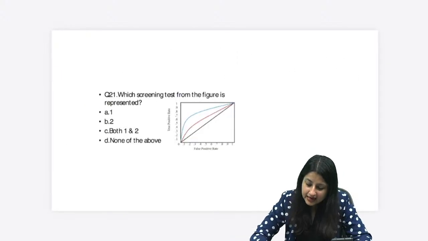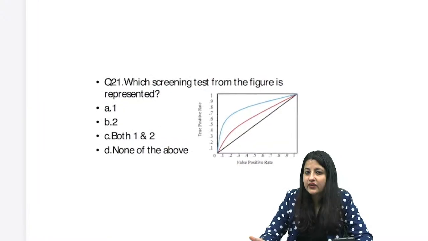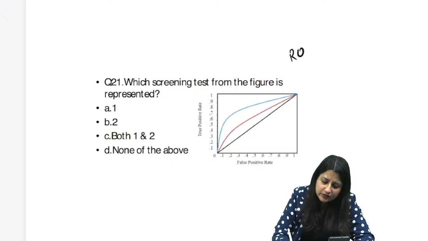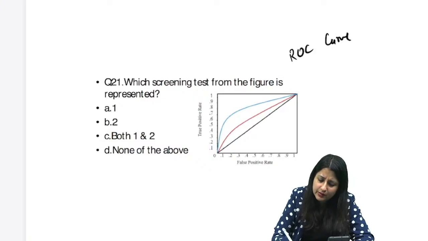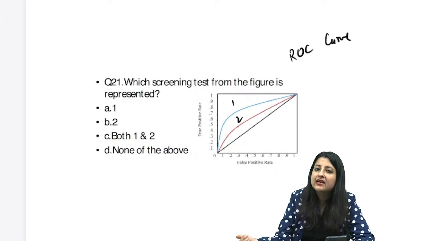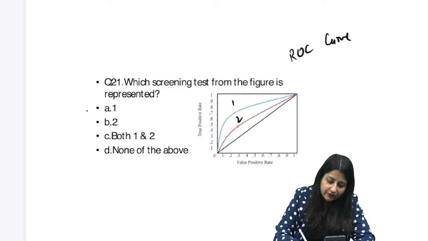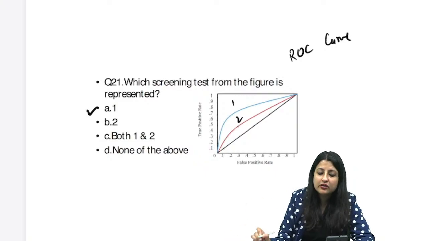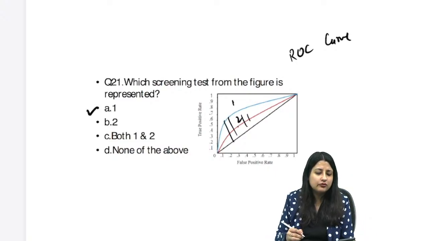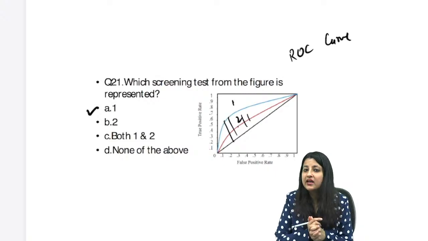Okay, another question. What is this figure representing? We've done already which screening test from the figure is represented. This is ROC curve. You can let this question go. Which one are you going to prefer? The first one or the second one? Again, you will see the area under the curve is more for the first one. So the answer automatically becomes 1. This we have already studied, so I'm not asking you again. You just have to remember for which the area under the curve is more, that one we are going to select.